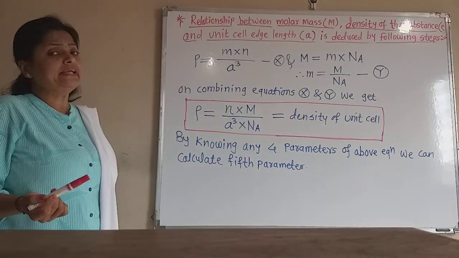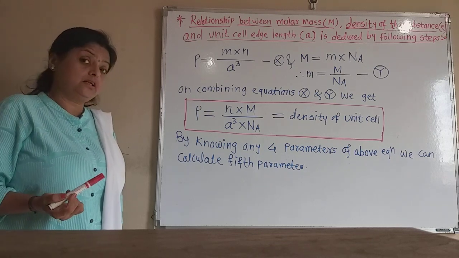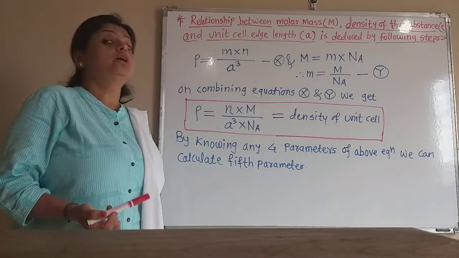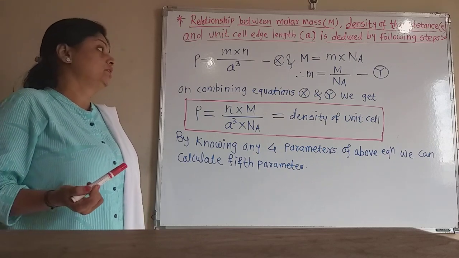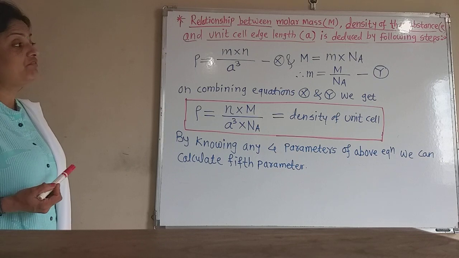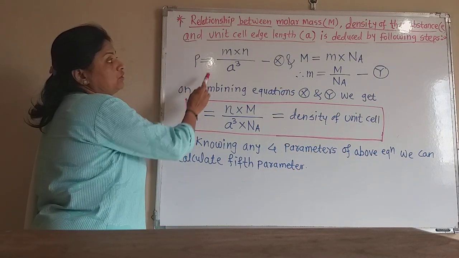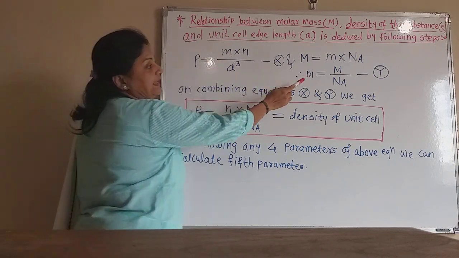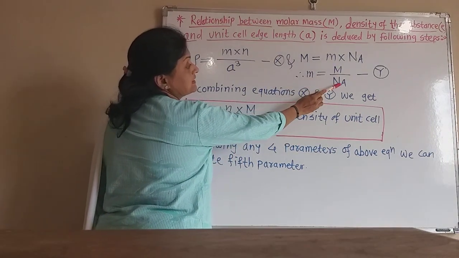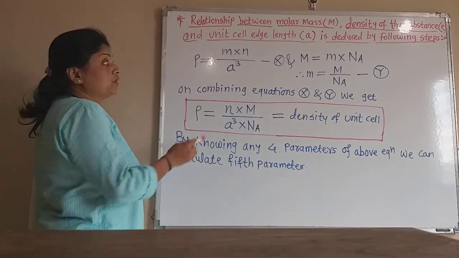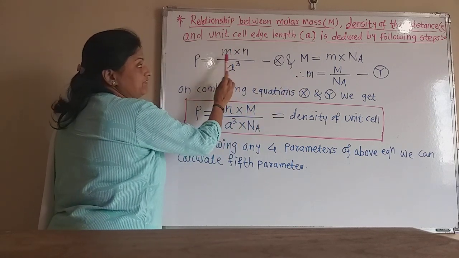Now on combining equations x and y, we can get the relationship between the molar mass of the substance and density of the substance. On combining equations x and y, we get rho is equal to, now the mass of one particle is calculated as capital M divided by Avogadro's number, that is the molar mass of the substance divided by Avogadro number. So substitute the value of this in equation x.